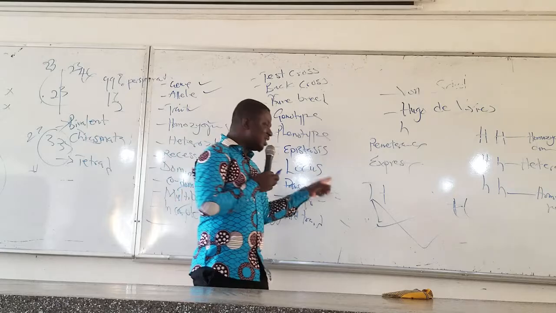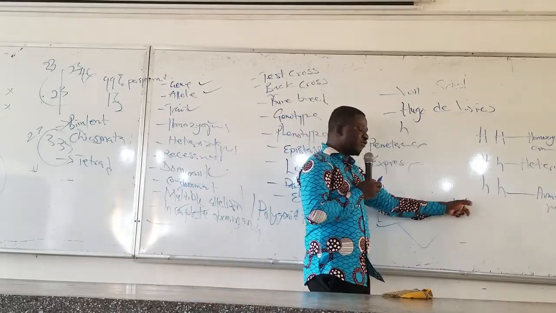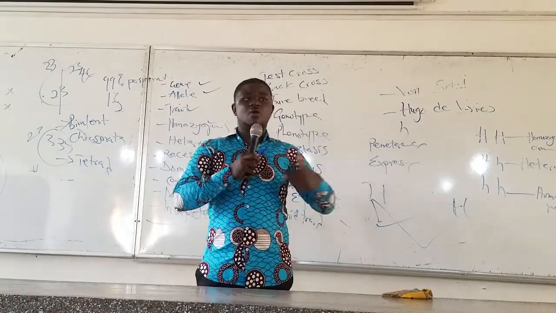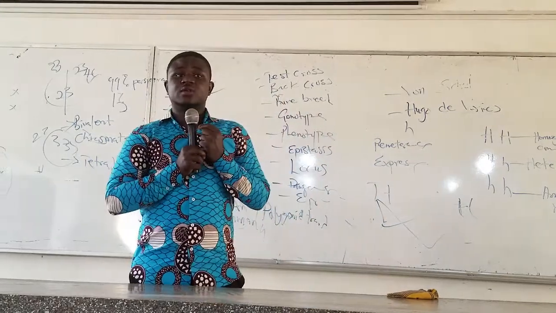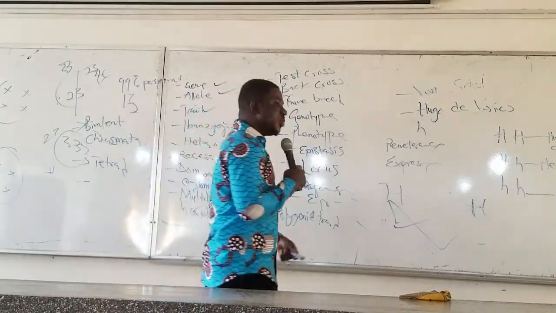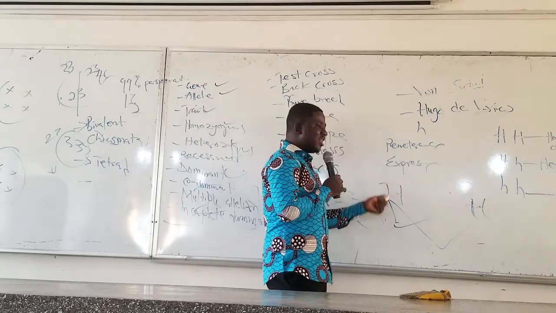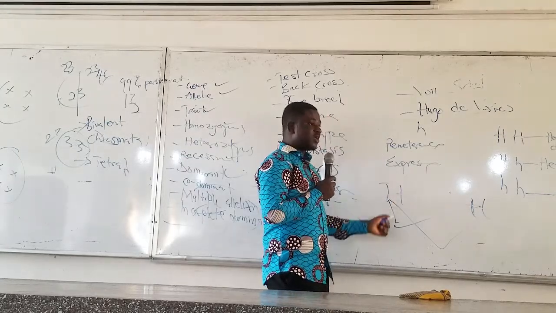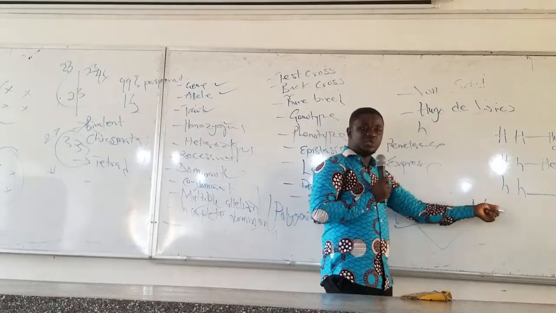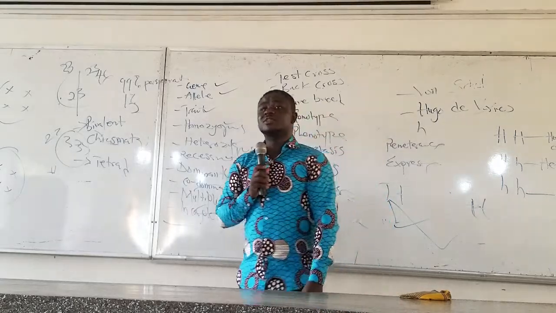So the probability of combining with this is independent of the probability of combining with this one. So the assortment of that particular combination is independent. That's basically what the law of independent assortment is about. That during fertilization, any one allele of a pair of alleles can combine with any of the other alleles within another pair of alleles.